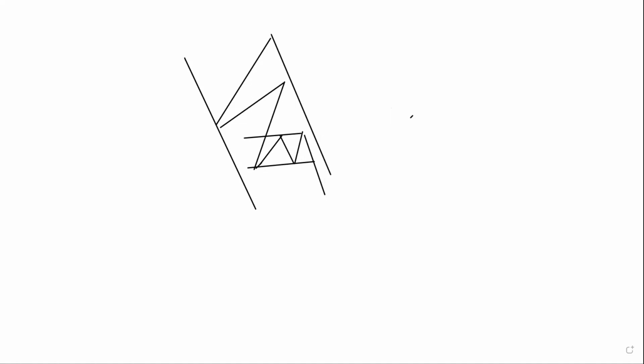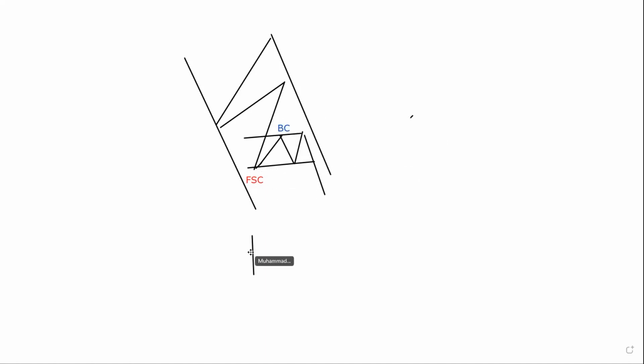Let's suppose we mark this as failed selling climax, and this one as buying climax. Got it? So the failed selling climax here will have lower volume. Let me change the color so that you can understand. This is failed selling climax, and this is buying climax.